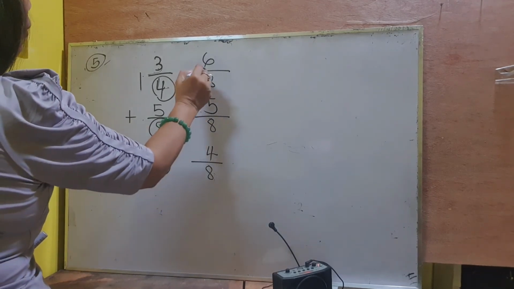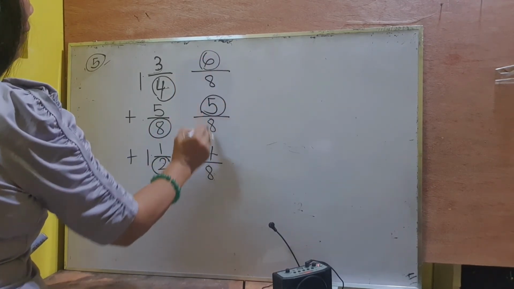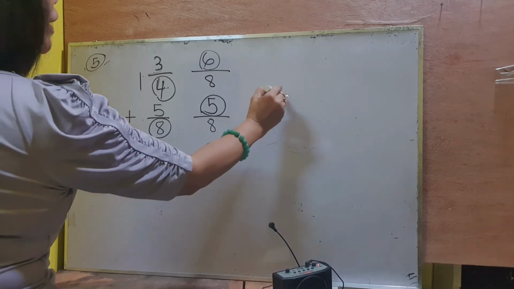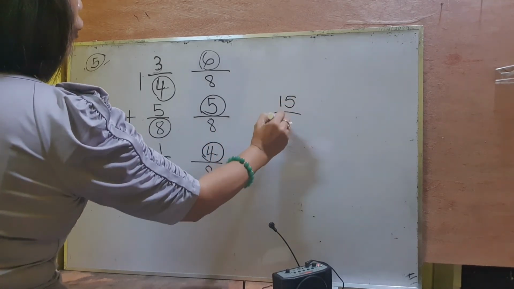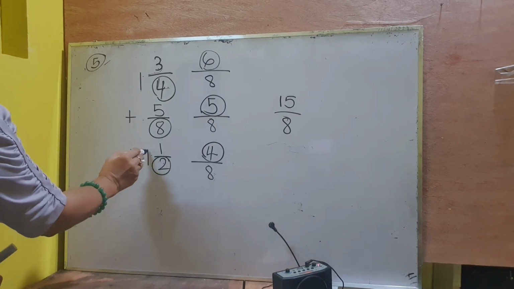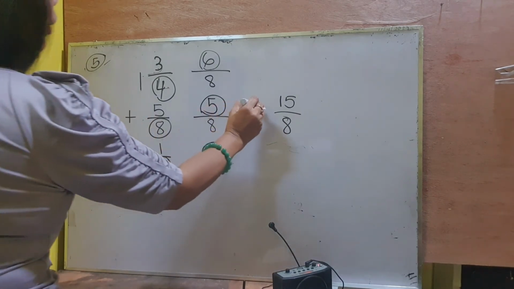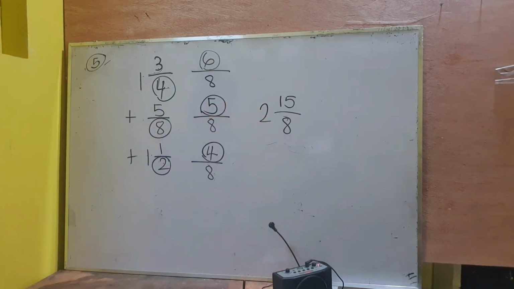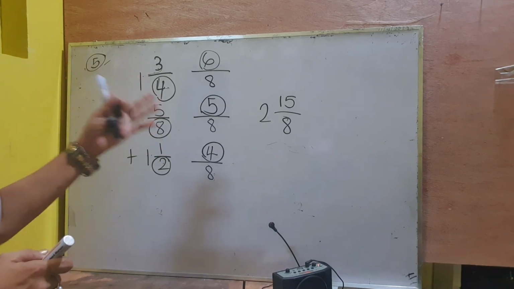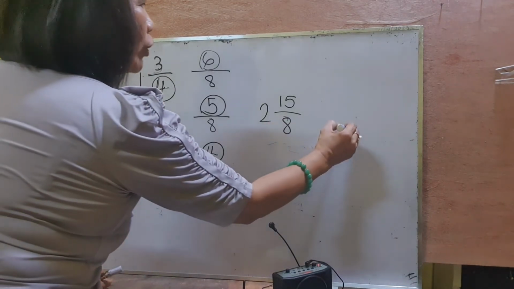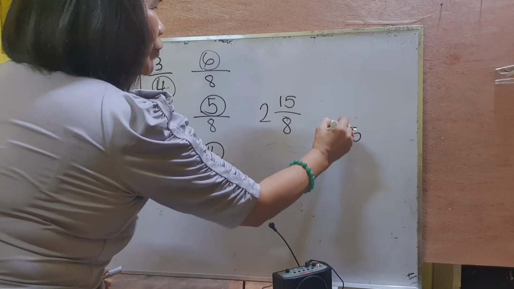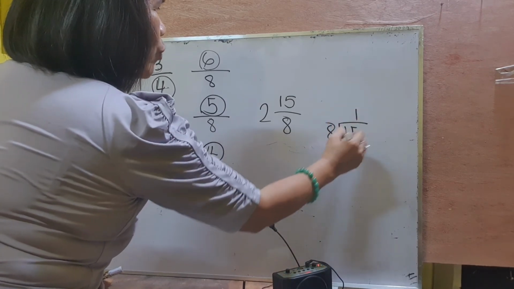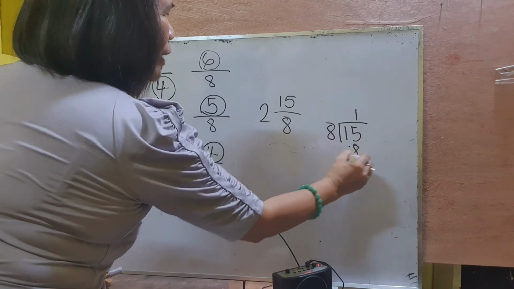Okay, so what are you going to do now? Ito ngayon ipa-plus nyo. 6 plus 5, 11 plus 4, 15. 15/8. And then, meron kayo dito 1 plus 1, meron kayo ngayong 2. Okay? So, that is now 2 and 15/8. Okay, so ito ngayon, i-divide ninyo. 15/8 is equals to 1 and 7/8.